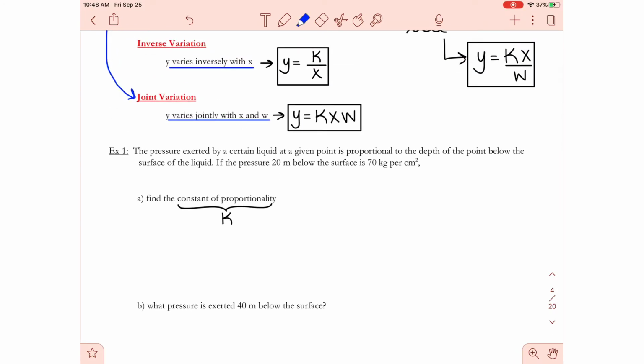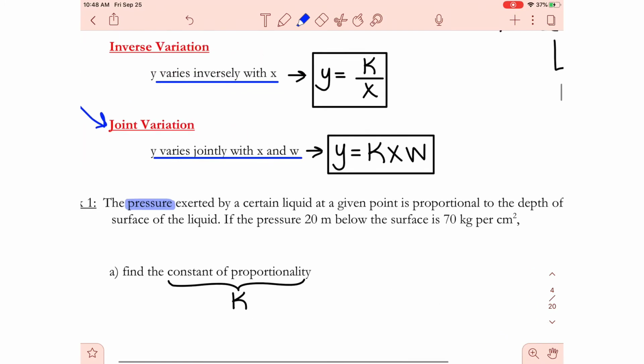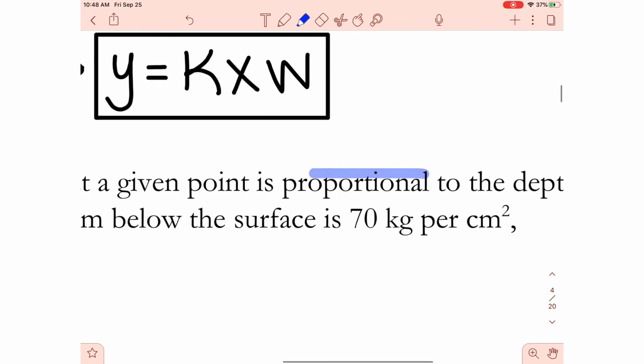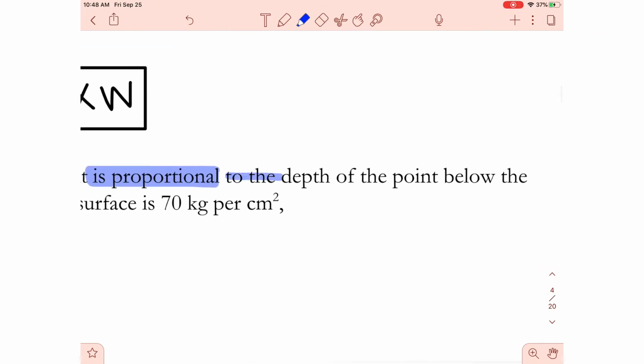Okay, the pressure exerted. So I'm going to put a little highlight there. Pressure exerted is proportional, means varies directly, to the depth of the point. So really it's just the depth that I care about.